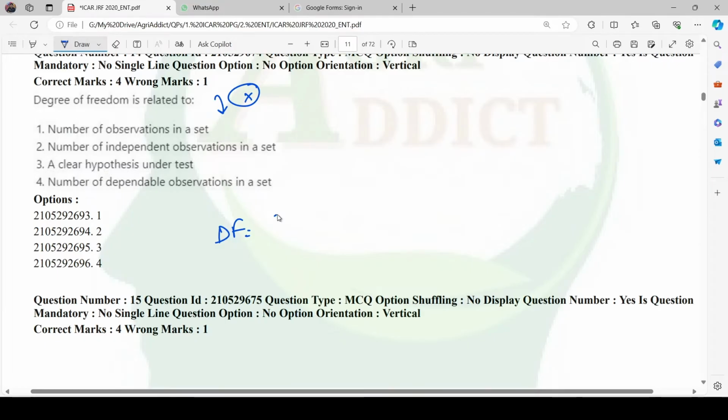So this is the degree of freedom, and here not a single answer was correct, so this question was dropped.